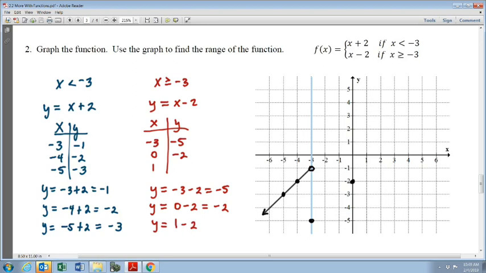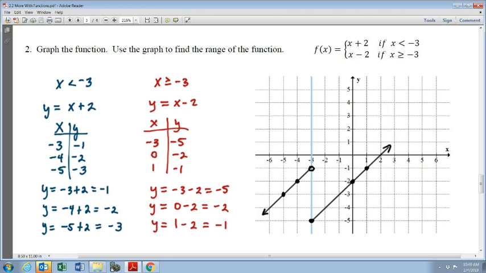We get 1 minus 2, which is -1, and that's that point right there, 1, -1. And so this piece of the graph is going to look like that. So again, if x is less than -3, our graph looks like this. So we're going to use this piece. If x is greater or equal to -3, we're going to use this piece of the graph.